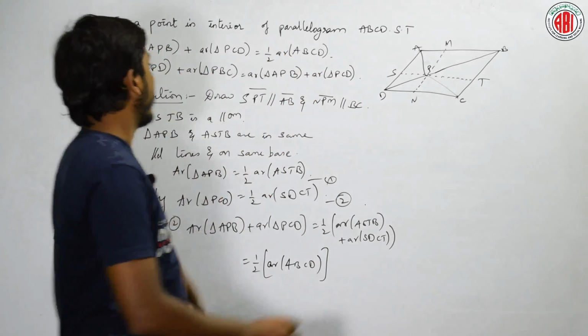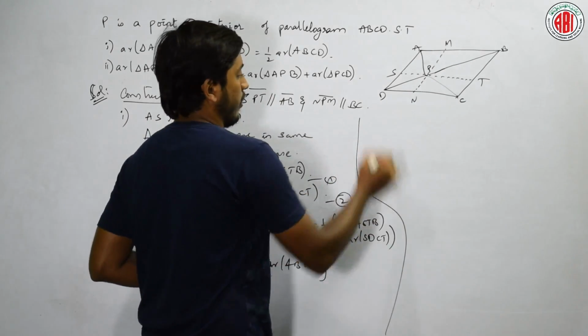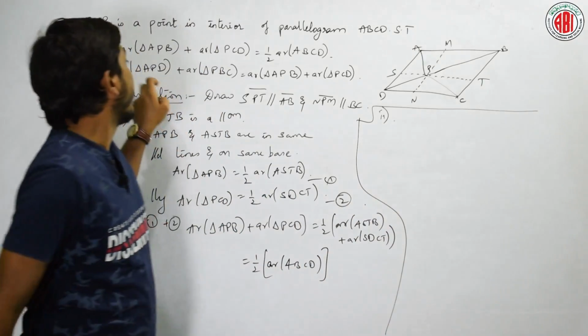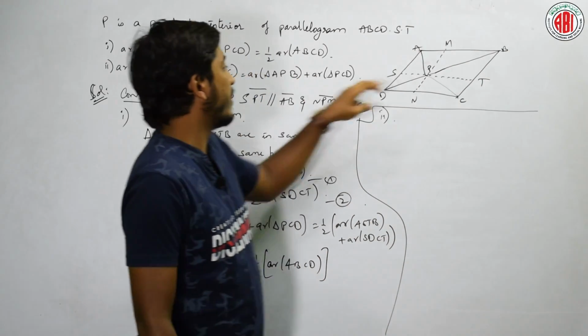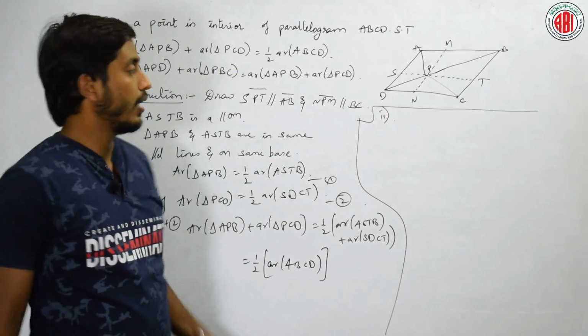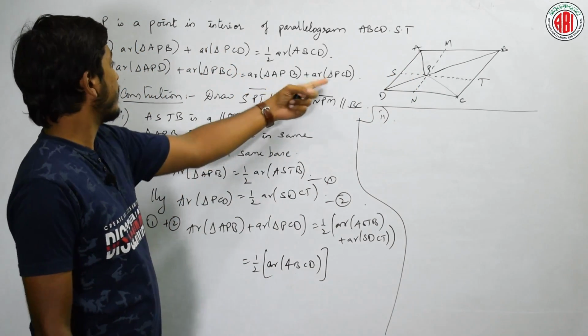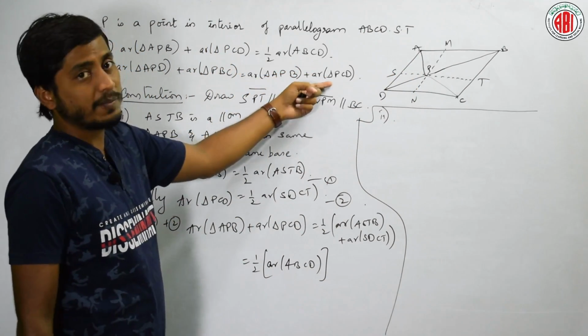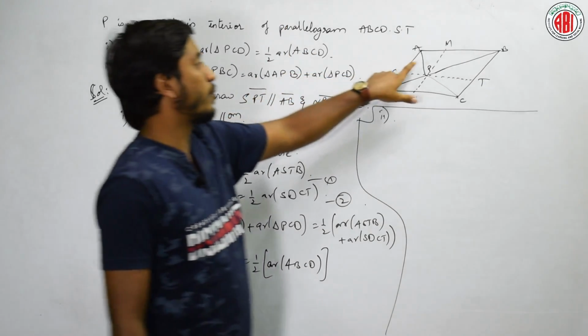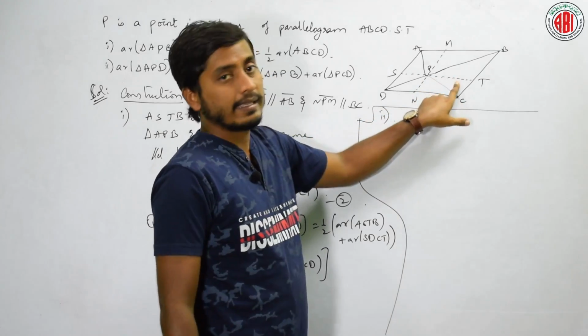Yes. Similarly, let us check with the second one. What did he give? The area of APD plus the area of PBC, this plus this, is equal to APB plus PCD. APB plus PCD is already half of ABCD. Similarly, we have to prove this plus this.